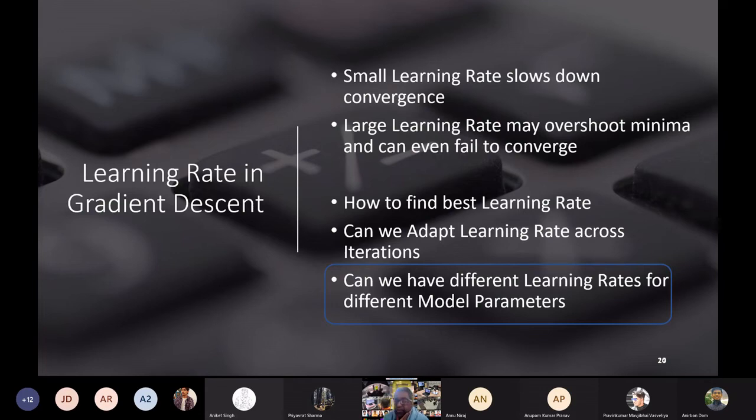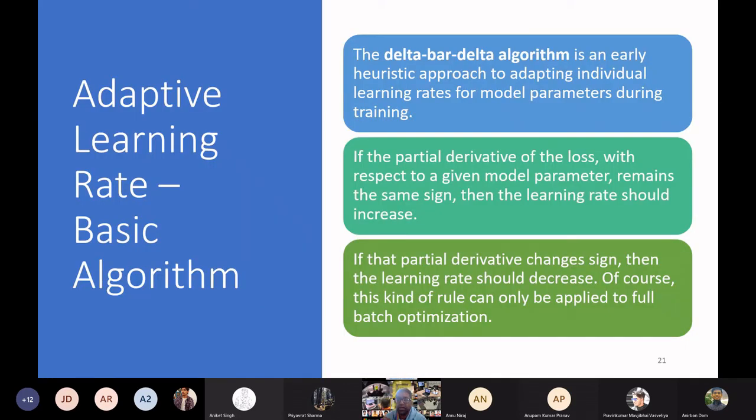So this class of algorithms is known as adaptive learning rate algorithms, and the basic algorithm, very similar to what we just discussed, is called the delta-bar-delta algorithm. It's an early heuristic approach to adapt individual learning rates of model parameters. If the partial derivative of the loss with respect to a given model parameter remains the same sign, then the learning rate should increase. And if the partial derivative changes sign, then the learning rate should decrease.